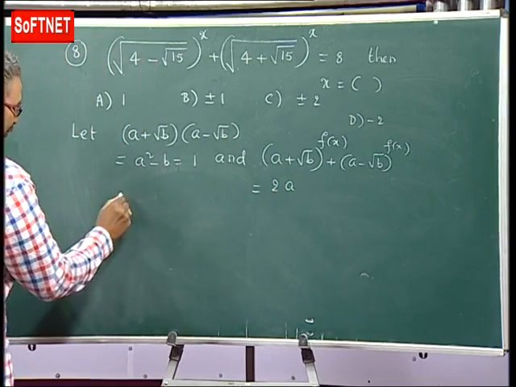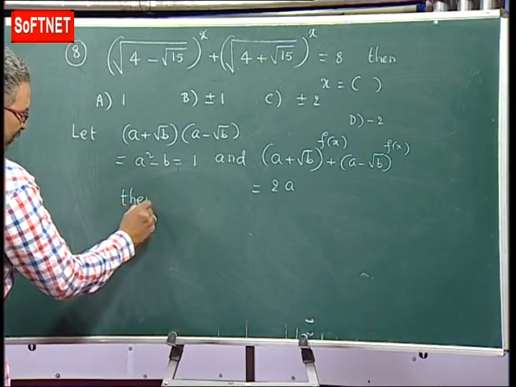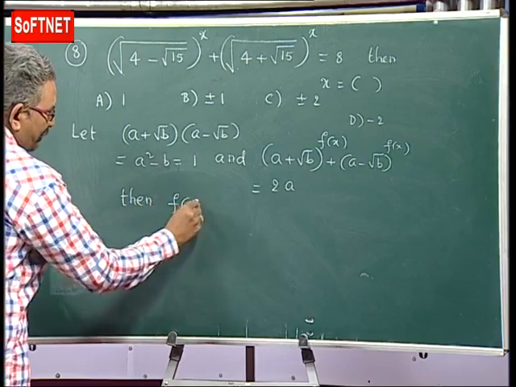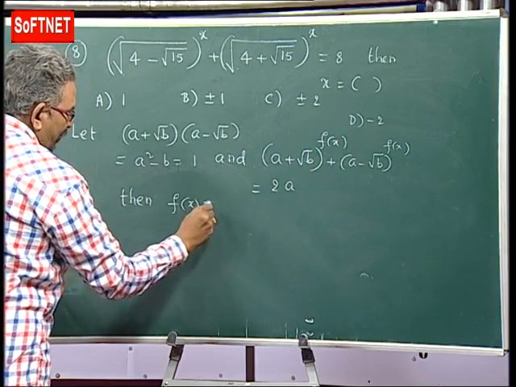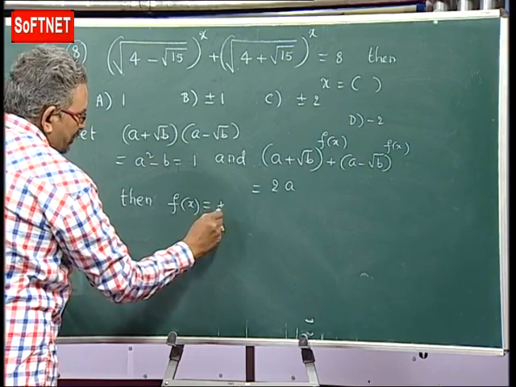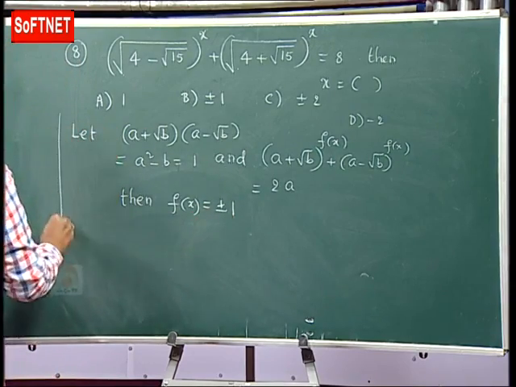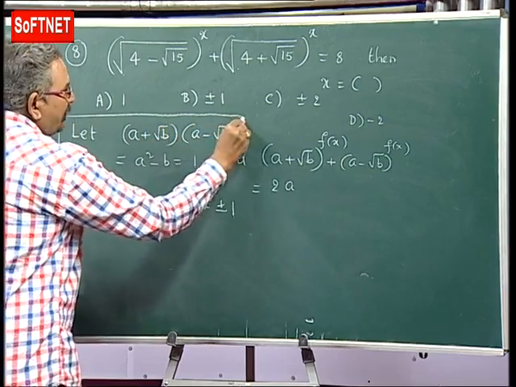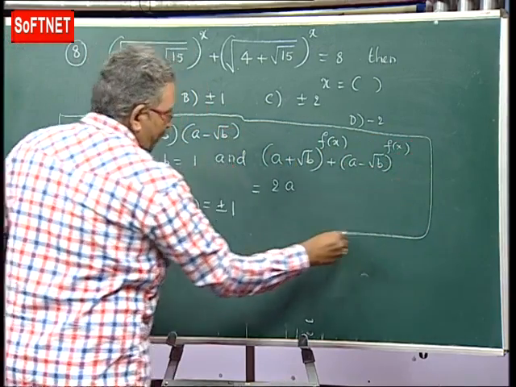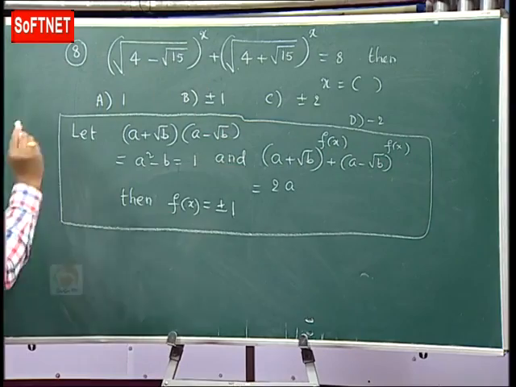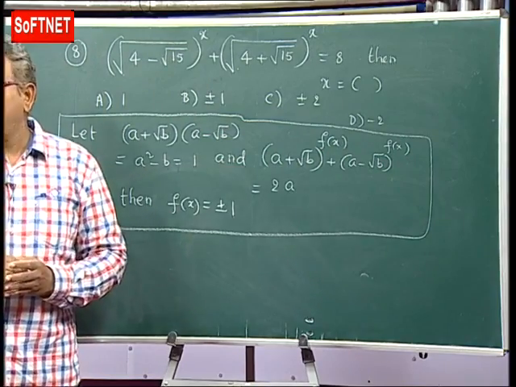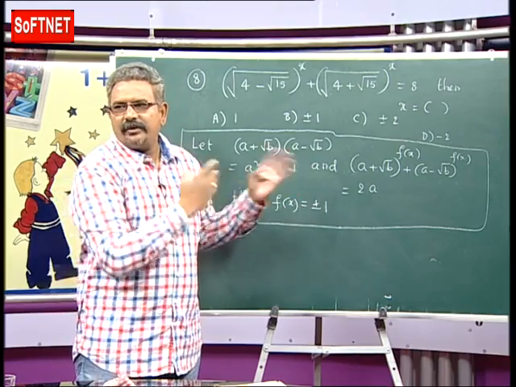Then f of x, this power, is equal to plus or minus 1. You remember this one. This is a very, very important result we have to remember in order to solve these kind of problems.